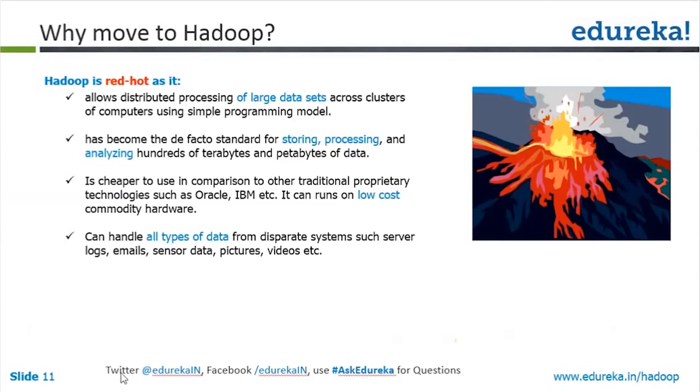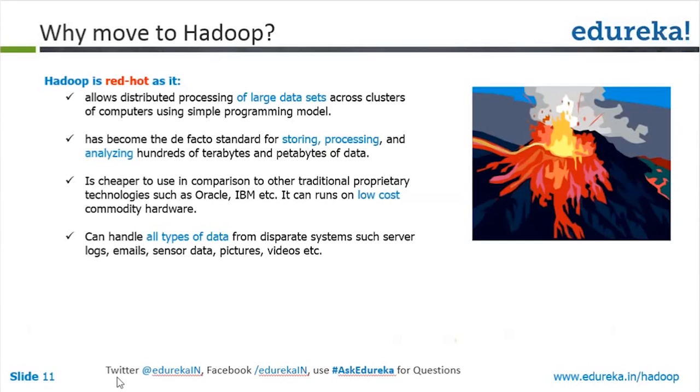Hadoop has become a de facto standard for storing, processing, and analyzing huge volumes of data. It is cheaper to use compared to other vendors like Oracle and IBM, where you have to pay a lot of licensing cost. Hadoop is open source, so it becomes very cheap for an organization to afford.